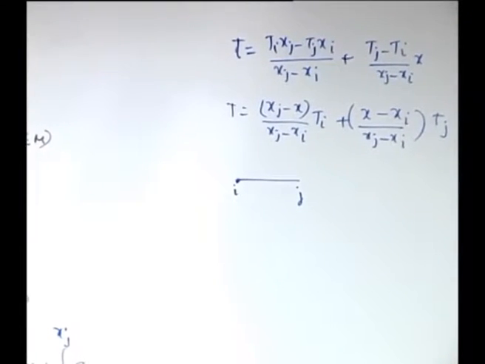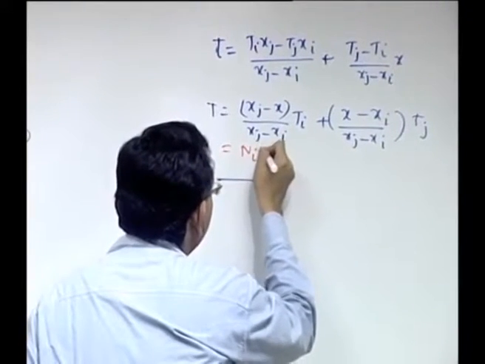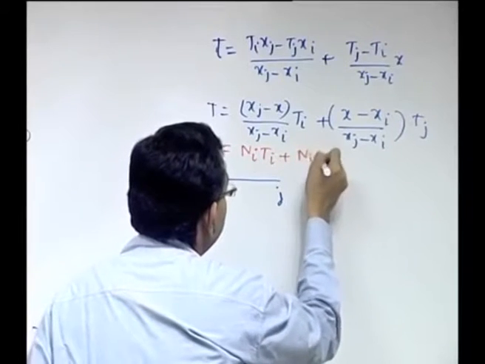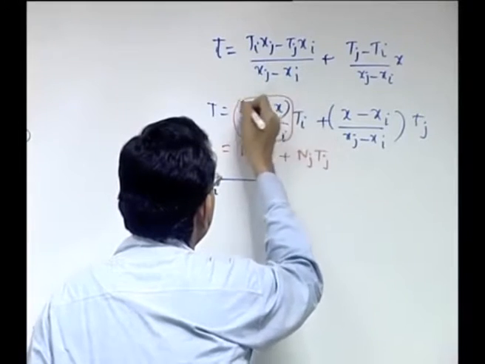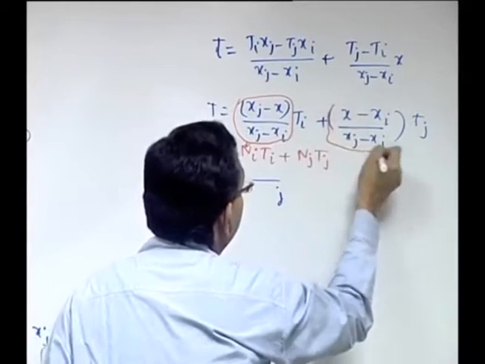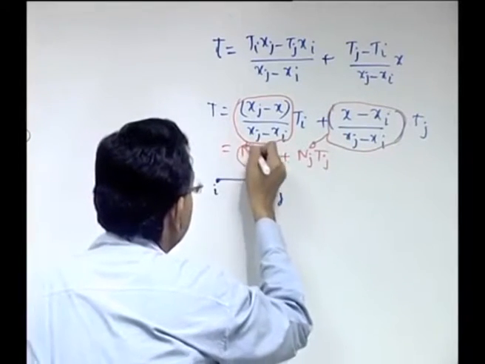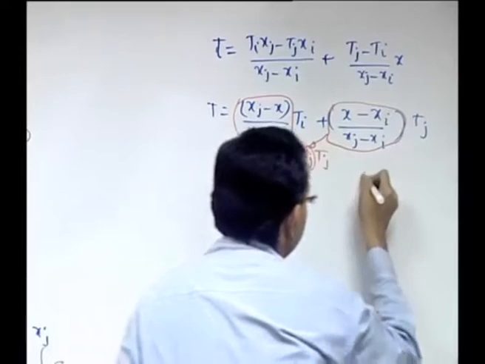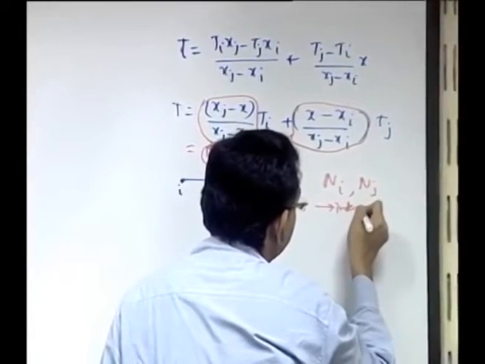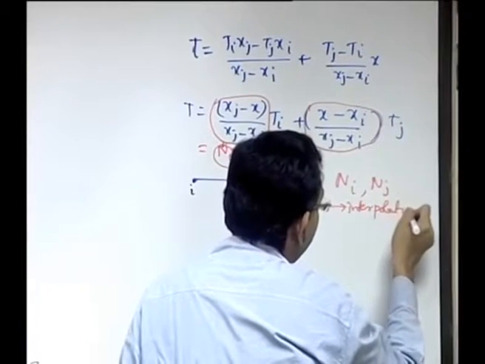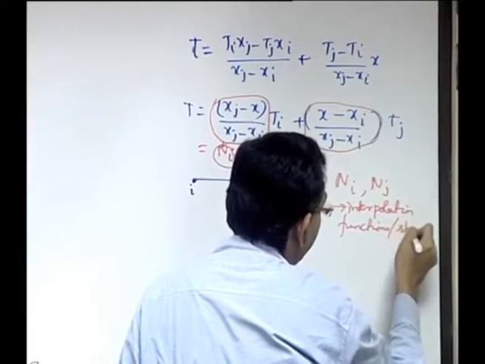So, this we can write is equal to Ni Ti plus Nj Tj, where Ni is this one and Nj is this one. These are called interpolation functions or shape functions. This is your trial function.